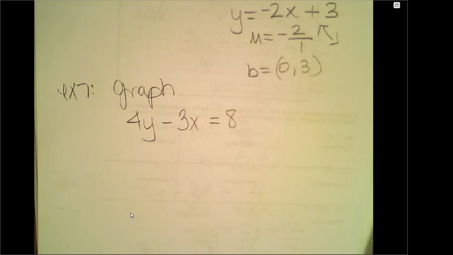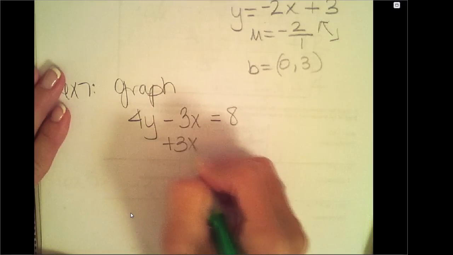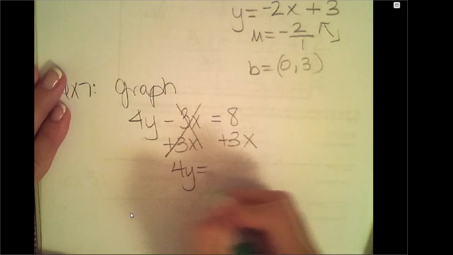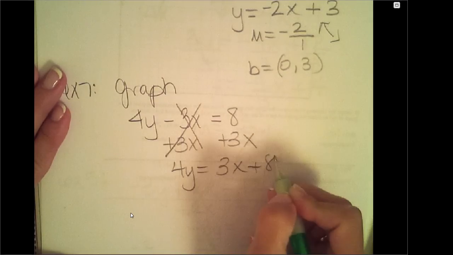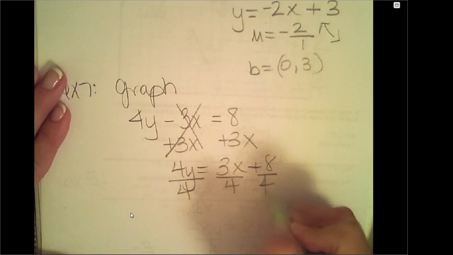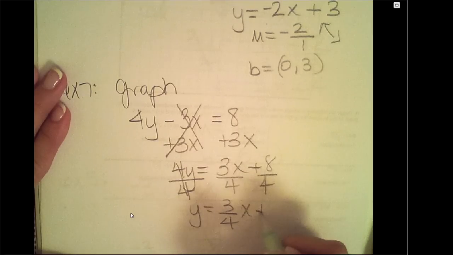First, you have to put it in slope-intercept form. Then you have to identify m and b. Then you get to graph it. So add 3x. That gives you 4y is equal to 3x plus 8. Divide by 4. So y is equal to 3/4 x plus 2.